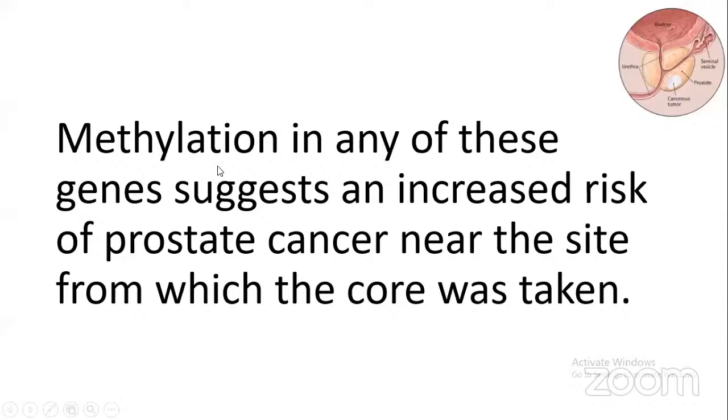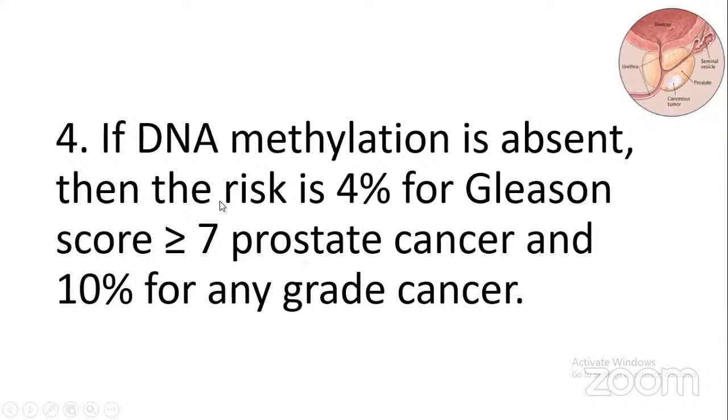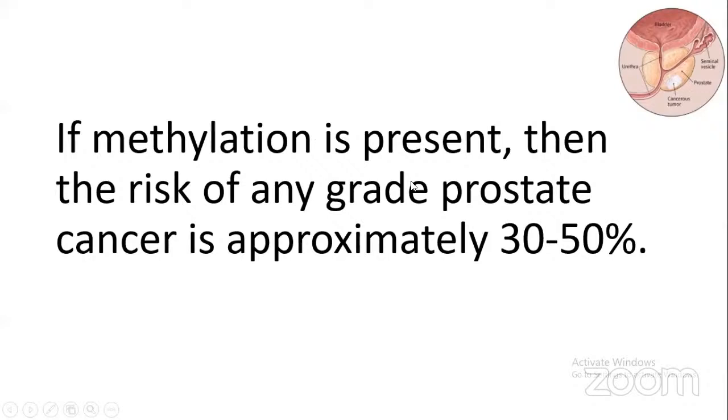Methylation in any of these genes suggests increased risk of prostate cancer near the site from which the core was taken. If DNA methylation is absent, then the risk is 4% for Gleason score of 7 or more prostate cancer and 10% for any grade cancer. If methylation is present, then the risk of any grade prostate cancer is approximately 30 to 50%.